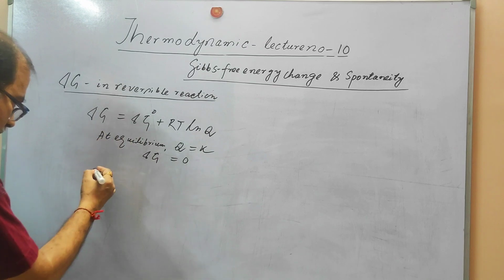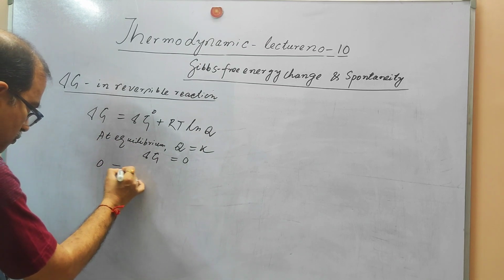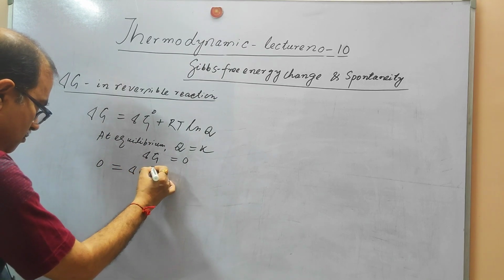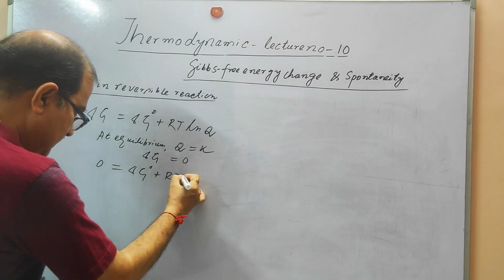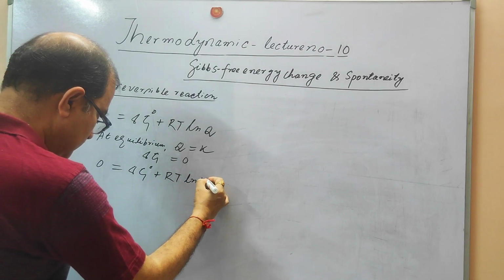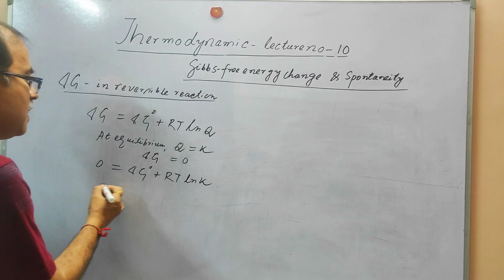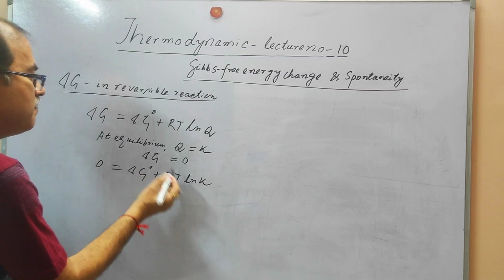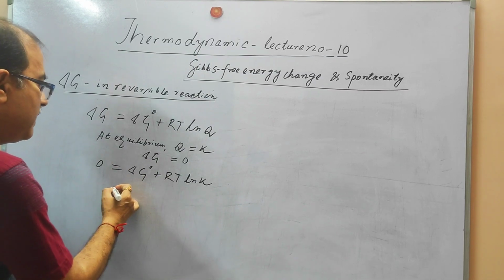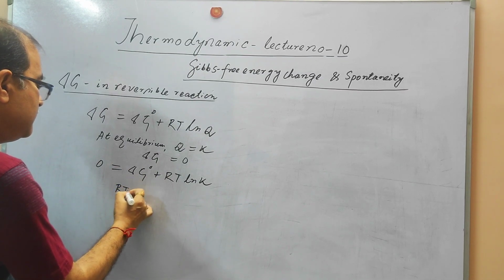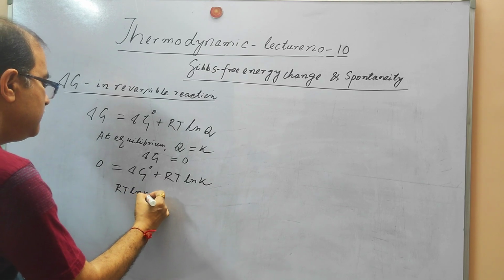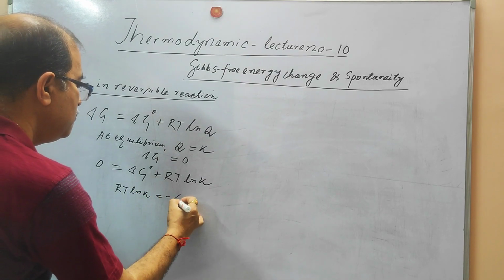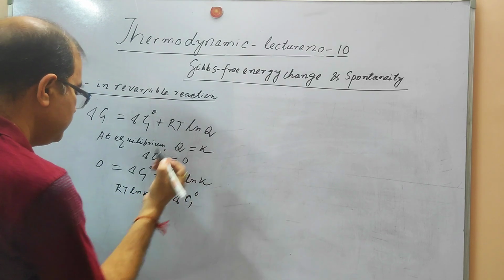So we can put these values in and we get 0 is equal to delta G0 plus RT ln K. Now we can rearrange this and we will find that RT ln K is equal to minus delta G0.